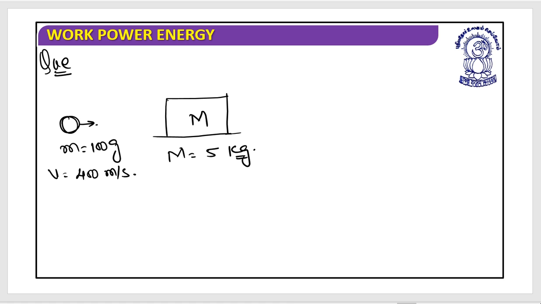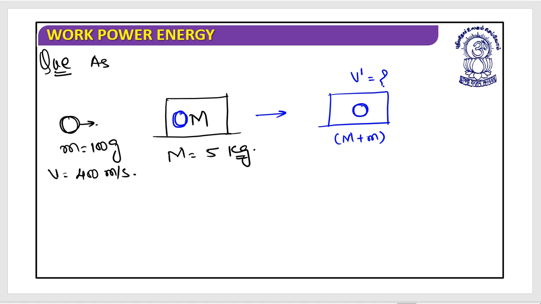This bullet has been fired in the direction of mass M, 5 kg. It has been embedded in it, and now the bullet plus this block move together, as m plus M. I need to find out this v dash.